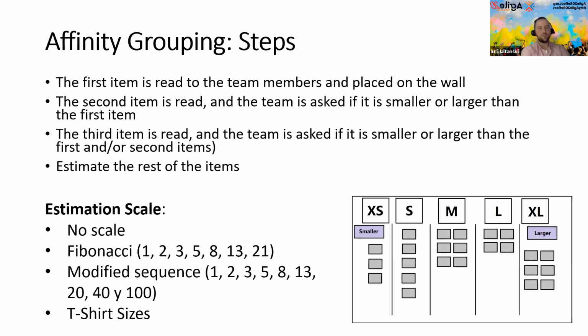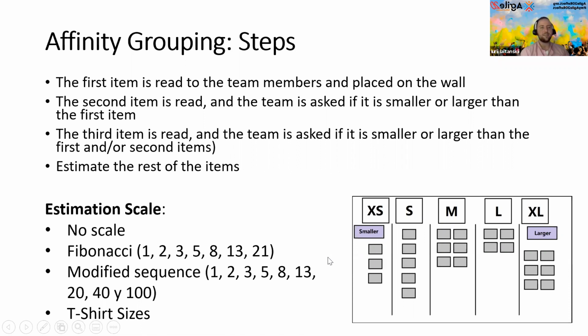So the team responds, and after that, we place the third item, right? Usually the first item we would place in the center of the wall, and the second item, if it's smaller, we would place to the left. If it's larger, we would place it to the right.